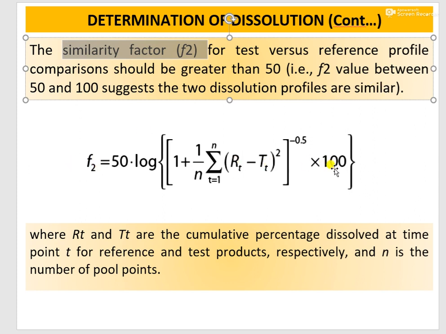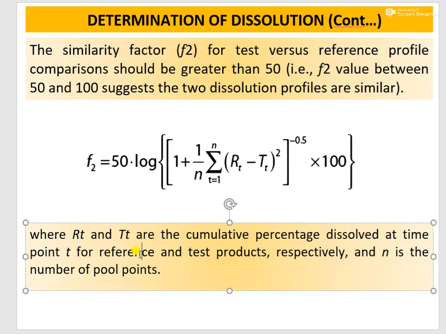This is the formula for calculating similarity factor, where R and T, R is for reference and capital T is for test. So Rt and Tt are cumulative percentage dissolved at time point t for reference and test products respectively, and n is number of pull points.